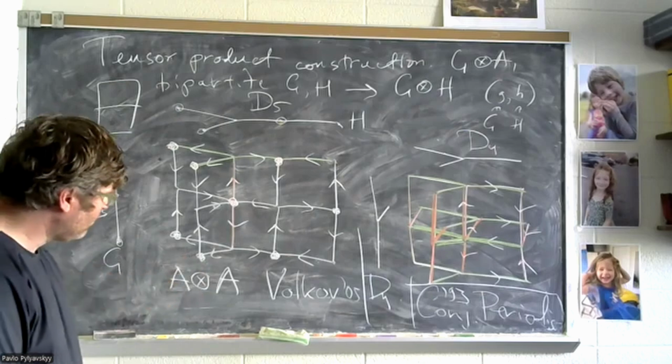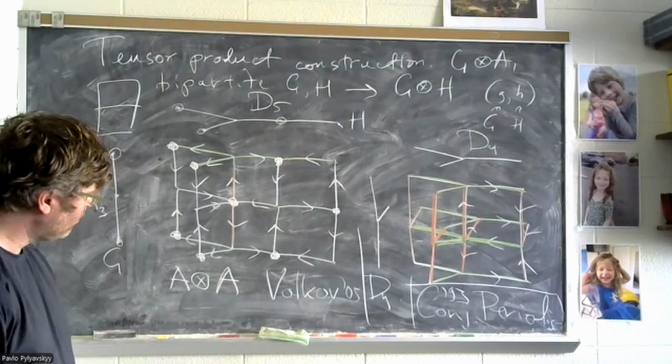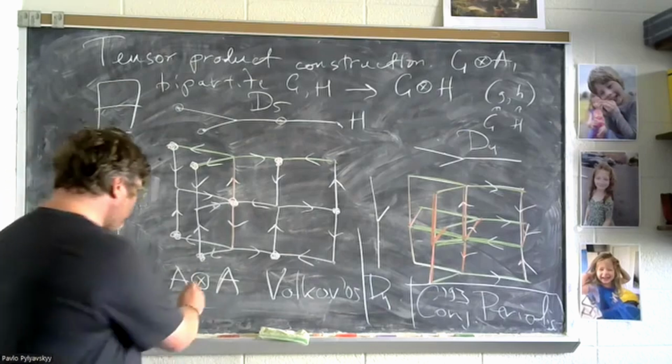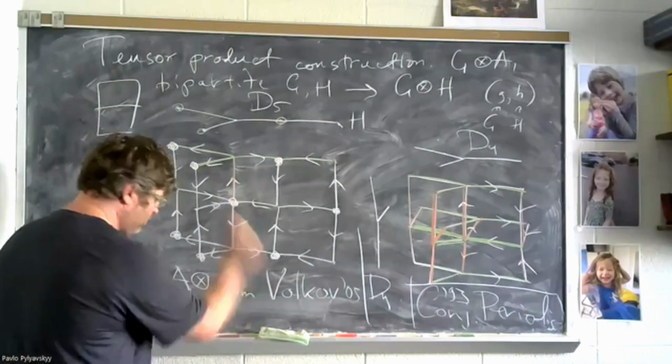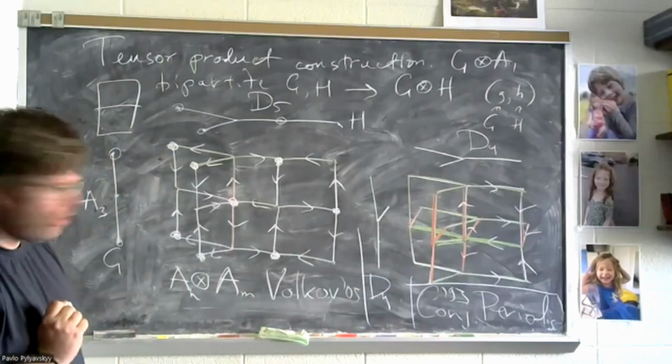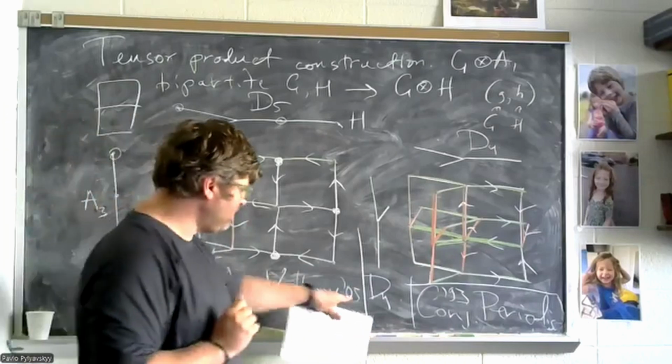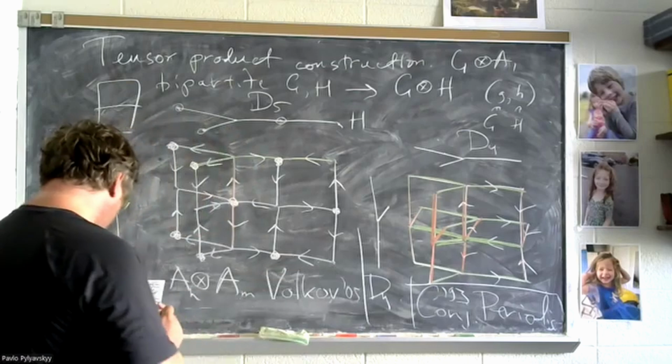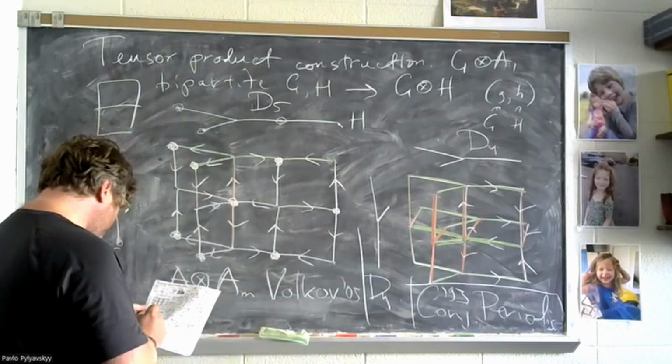Is it A_N times A_K for every N and K? That's right, he proved A_N times A_M. So he solved it for this case in 2005. And then the general case was solved by Keller.